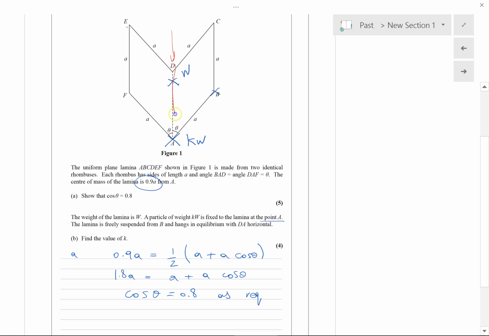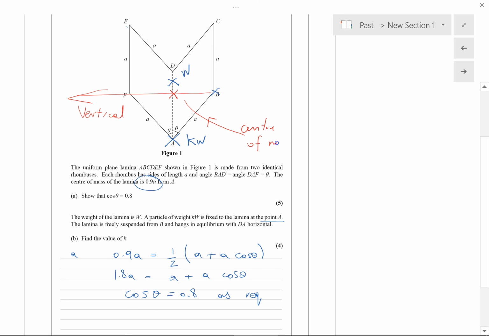So this is horizontal here, which must mean our vertical line, a line going downwards vertical, is here. So I've kind of rotated the diagram without having to redraw. So that must mean that our centre of mass is here.